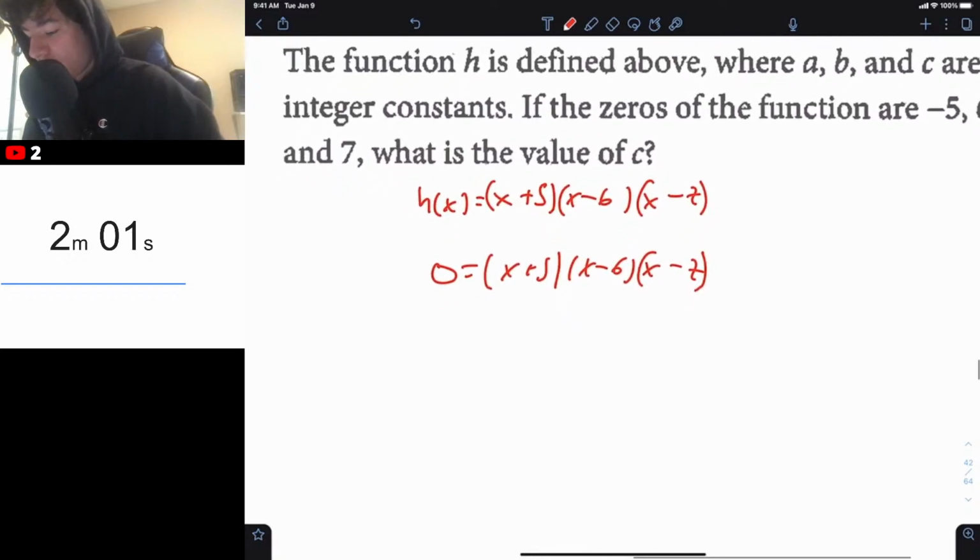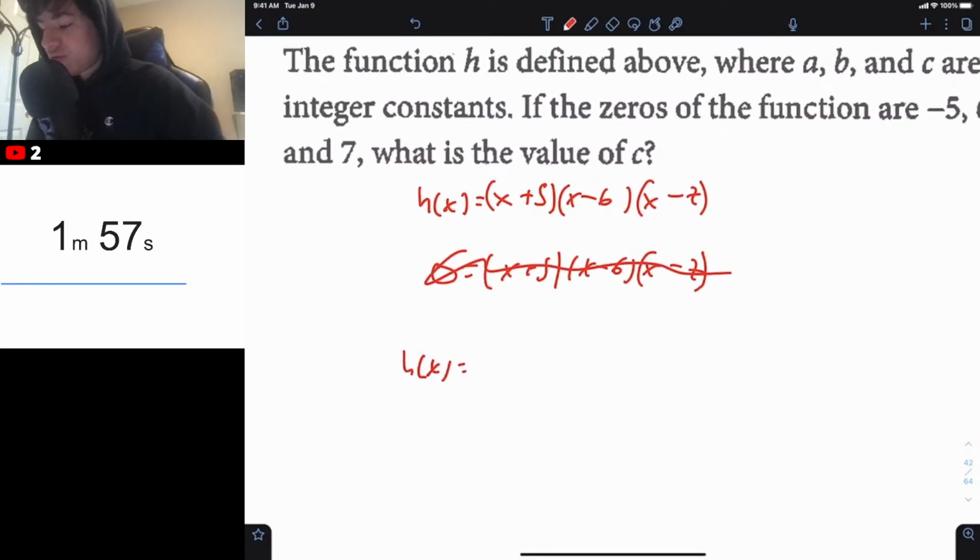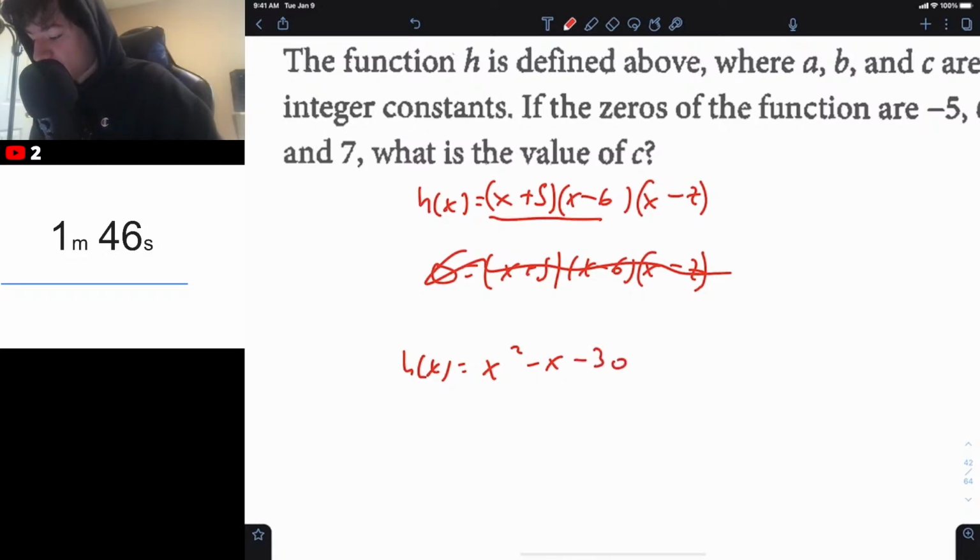So let's see. I get h of x is equal to, I'm going to do x plus 5 times x minus 6, which is going to be x squared minus x, and then minus 30. And then I'm going to do all this times x minus 7. So I'm going to do this and this.